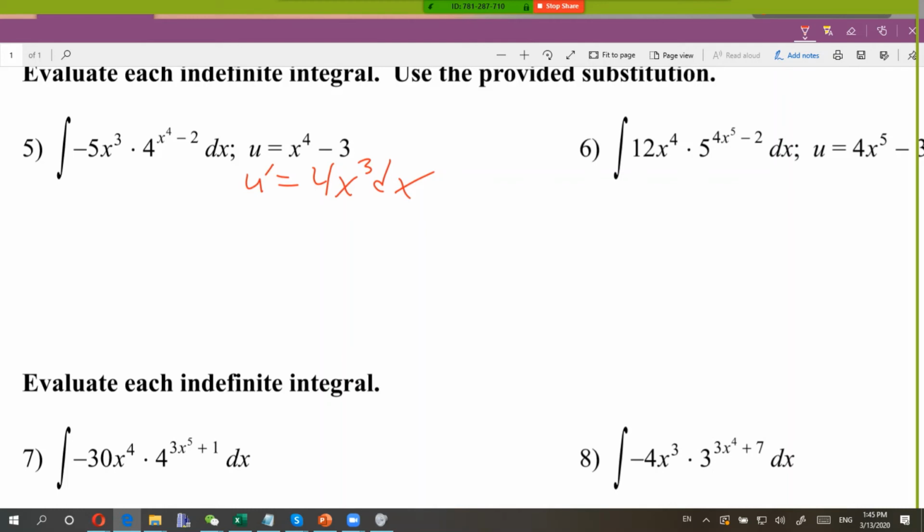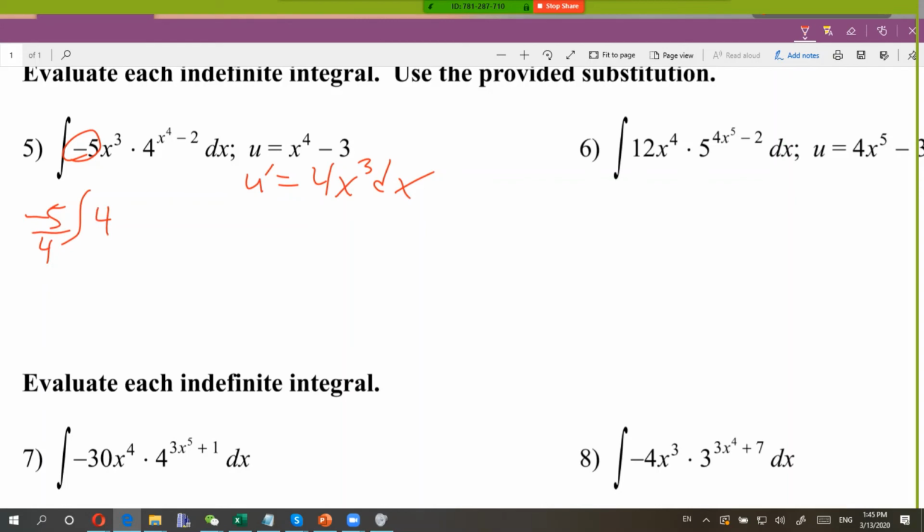I'm going to finish this one off because we're already here. If I do that substitution, right now I've got a -5 that I don't need, so I'm going to pull that out. I need a 4 and I don't have one, so I'm going to multiply by 4 and divide by 4 so that I don't change the original problem.